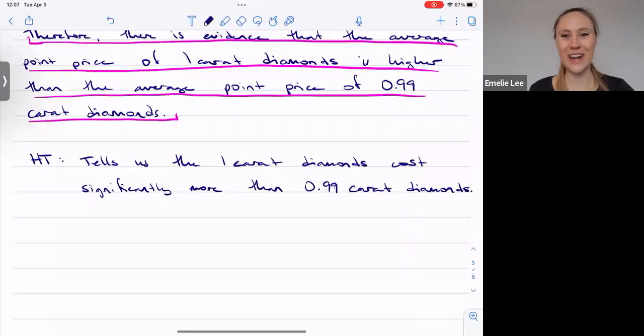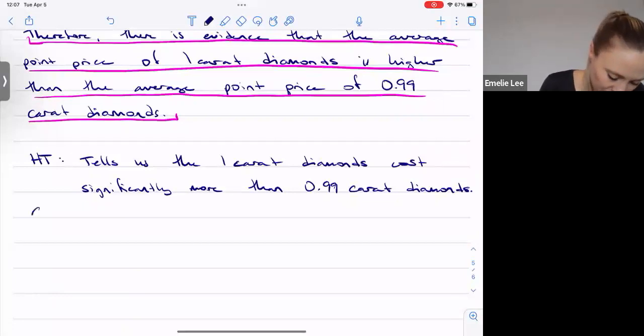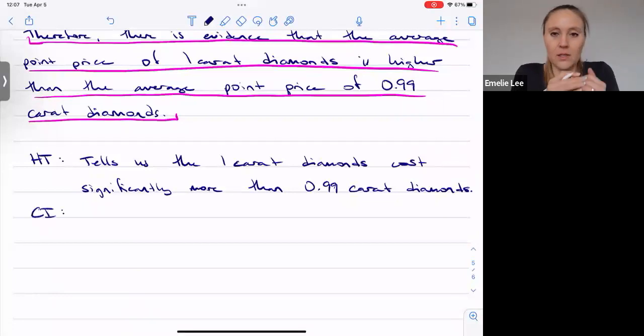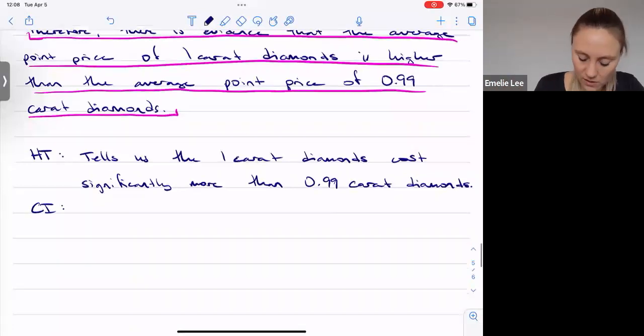And we're talking on average, we're analyzing the averages. Whereas a confidence interval tells us how much more expensive. It tells us the actual difference in the costs.